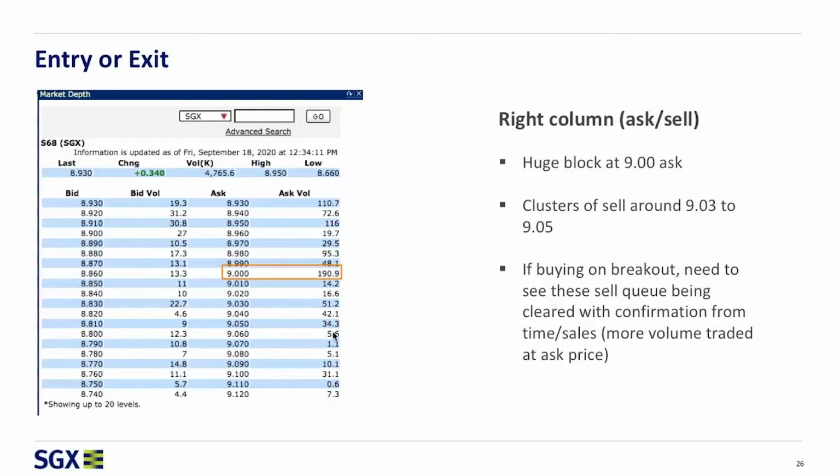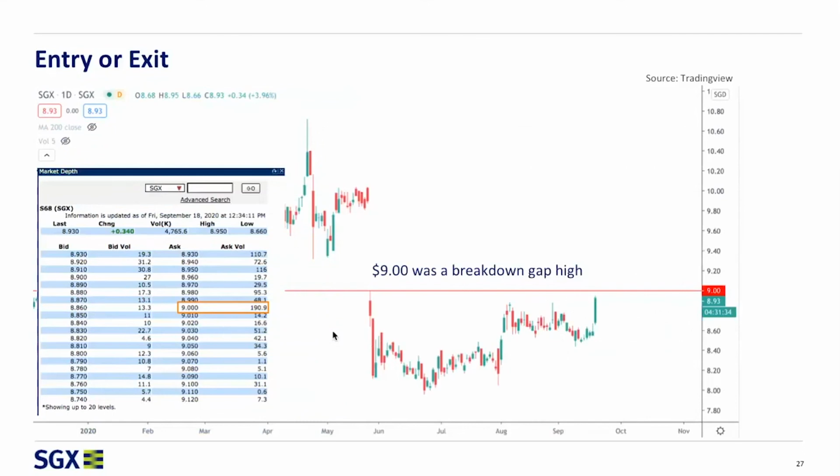So let's try to understand why people are looking at $9. SGX had a gap down, and $9 happened to be the highest price of that gap down day. So people are thinking this could be a possible resistance coming up. Therefore, on the day of the breakout, they are looking at $9 as a strong resistance.